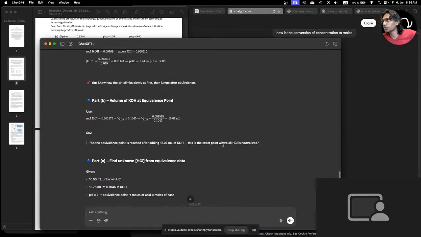So the equivalence point is reached after adding 15.07 milliliters. I would rather start with what is the equivalence point.